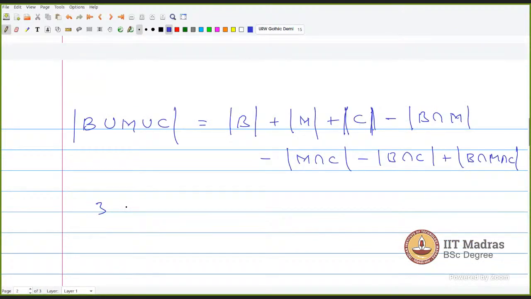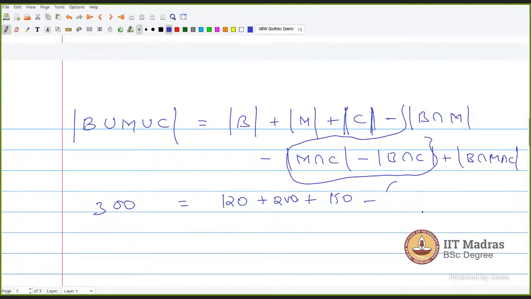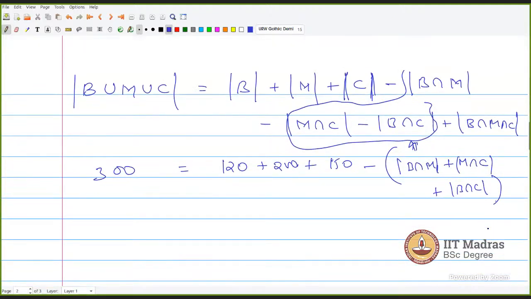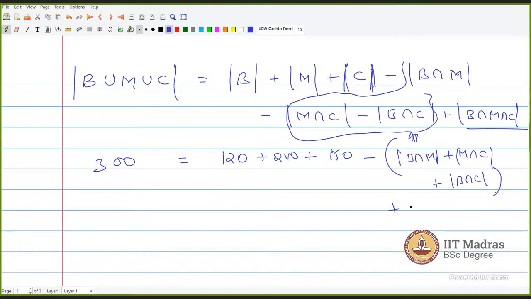So we know this is 300, this is 120, this is 150, this is 200, this is 150. This particular thing we want, so I will write it as minus the answer. This is B intersection M plus M intersection C plus B intersection C. And we know this is 30.